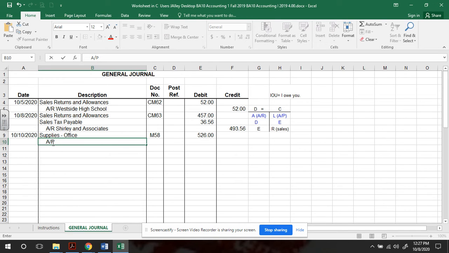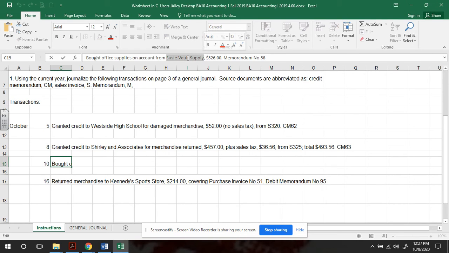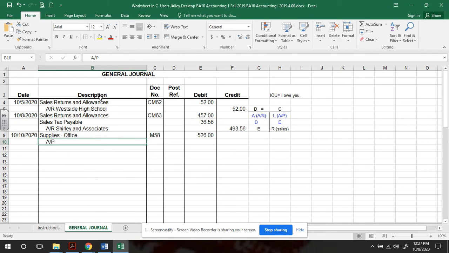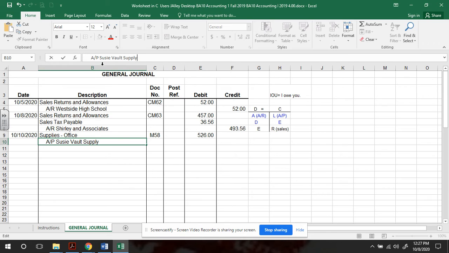So that's why it's a P, payable. And it is Susie Vault Company. Susie Vault Company is who we bought this from.